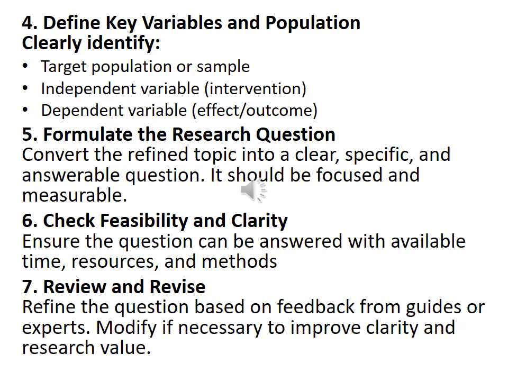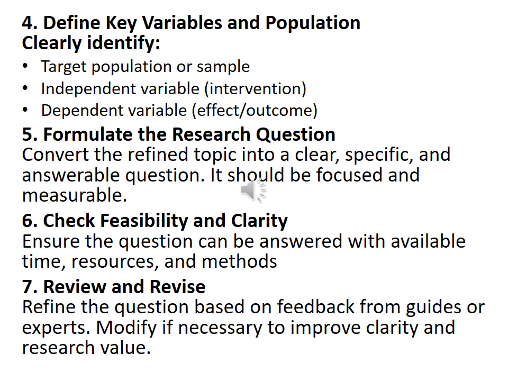And the third step is, after conducting the preliminary literature review, he can narrow down the broader topic into a narrow topic. In the next step, he will identify the target population, the dependent and independent variable, and then he will formulate the research question.